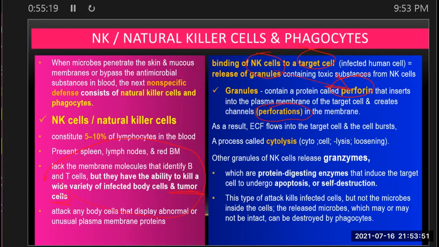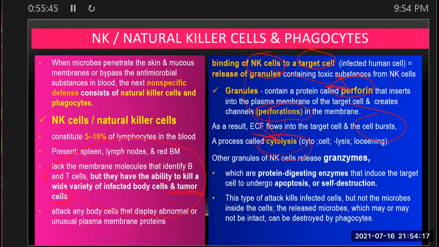What will happen? The ECF of the cell will get outside. Hence, it will lead to cell rupture, or the cell will burst. And this process is known as cytolysis. Okay, so cytolysis, what cell is capable of doing this? The NK cells. Other granules of NK cells release granzymes.